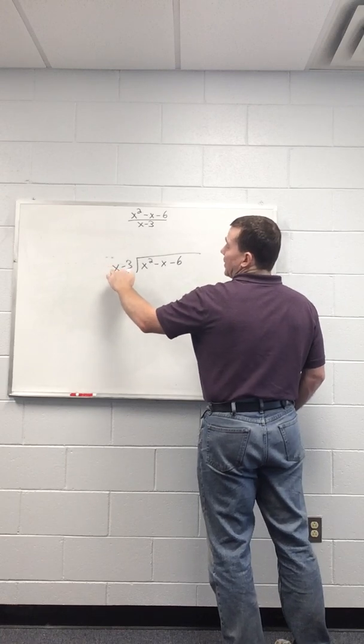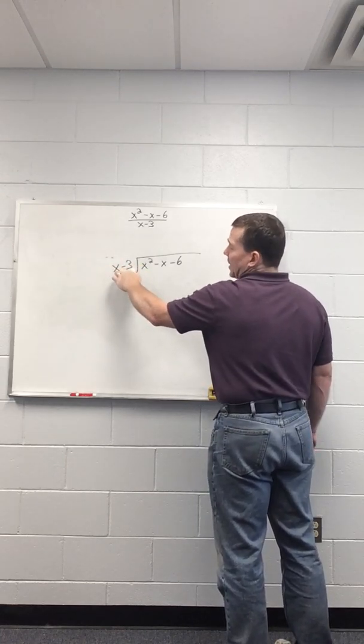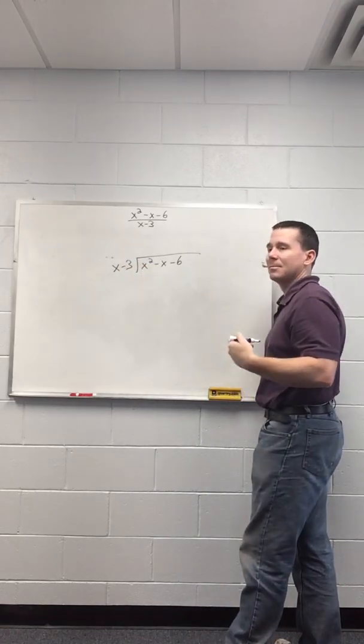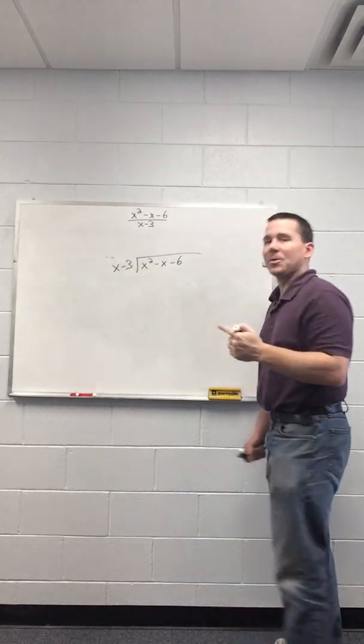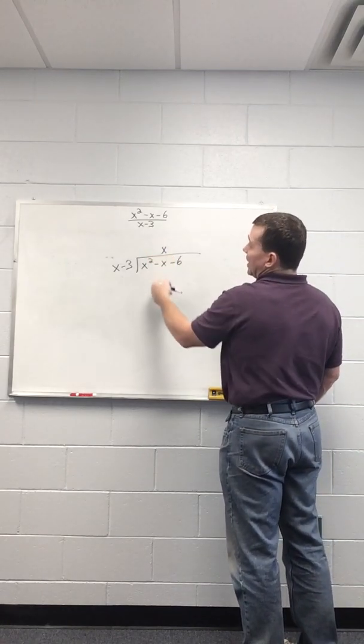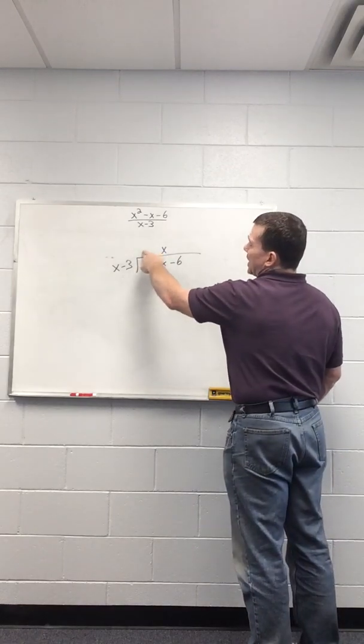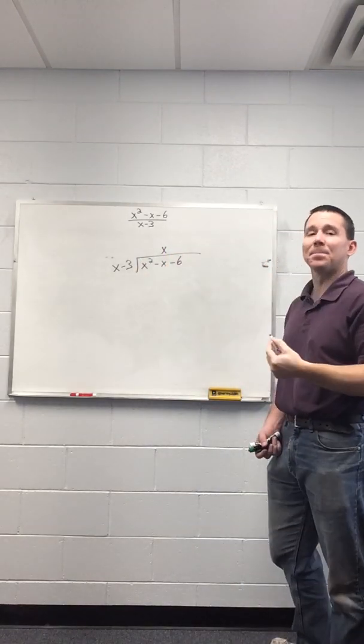We say, how many times does x go into x squared? Or more to the point, what do I multiply x by to get x squared? X. Now that I know it's x, put it above the linear term, the x term here. That just helps keep things organized. If you put it over the x squared, then it can lead to some confusion.